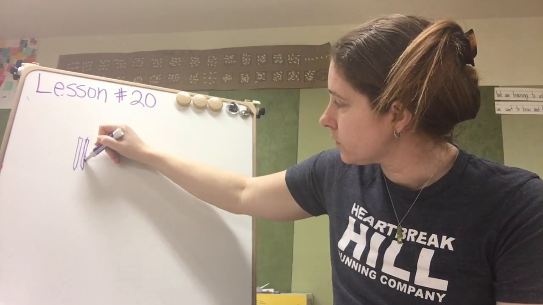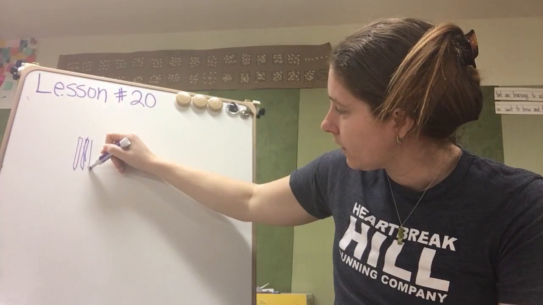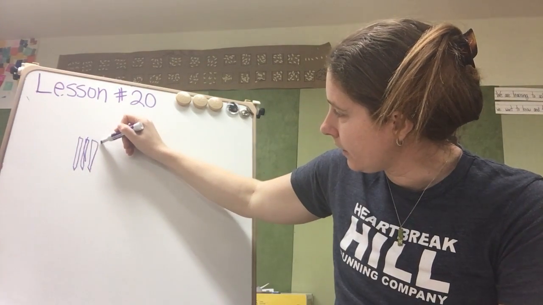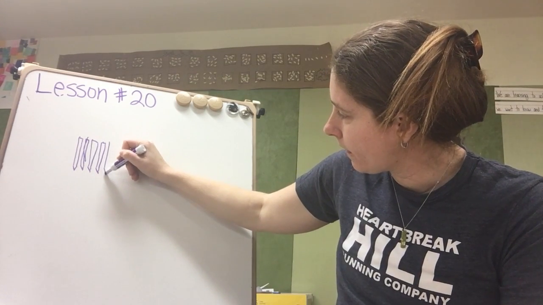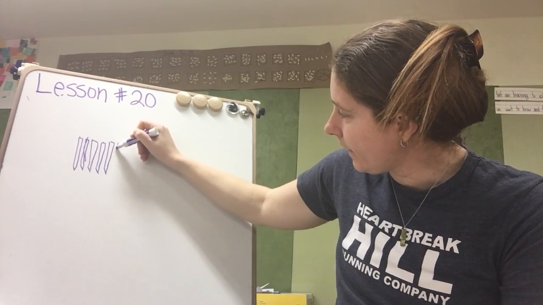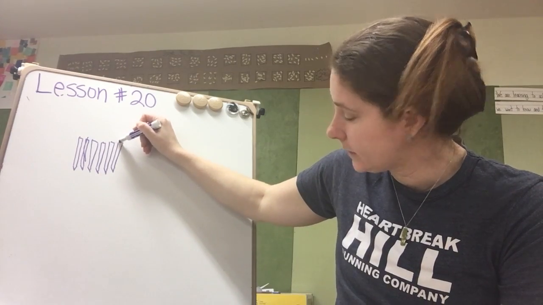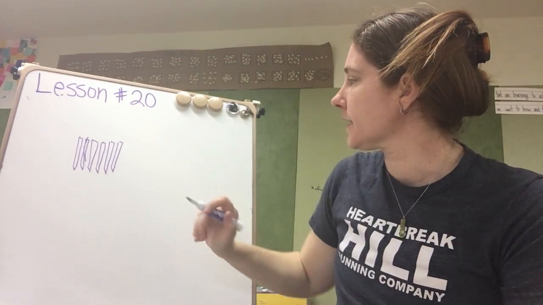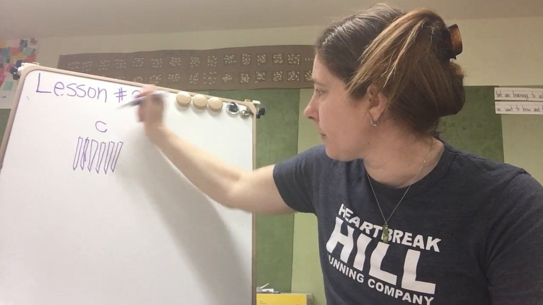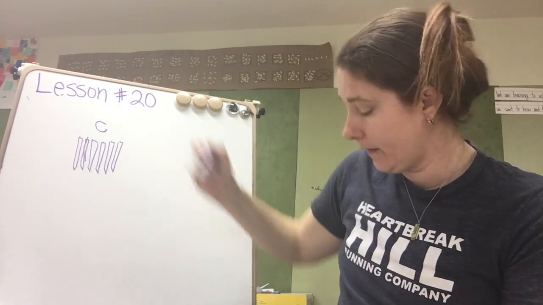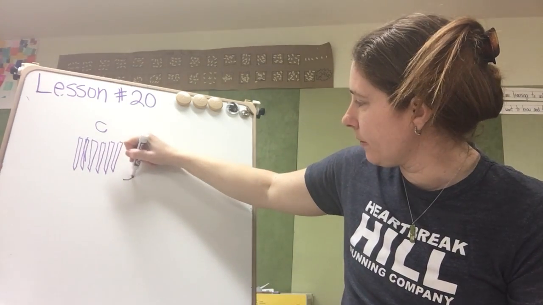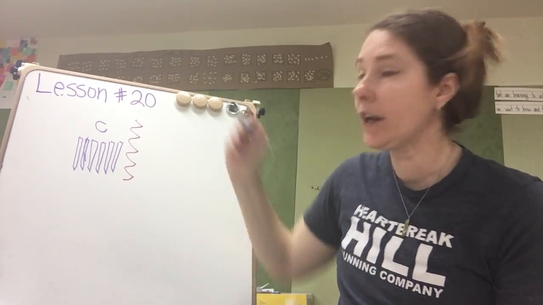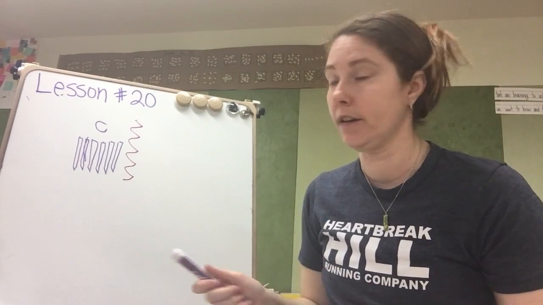So that's 1, 2, 3, 4, 5, 6. So that's my 6 colored, and I'll write C above it for colored. And then I'm going to draw a line dividing my pencils.